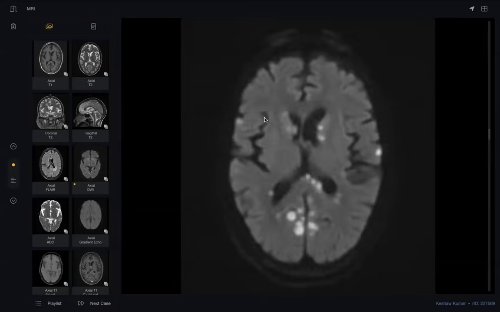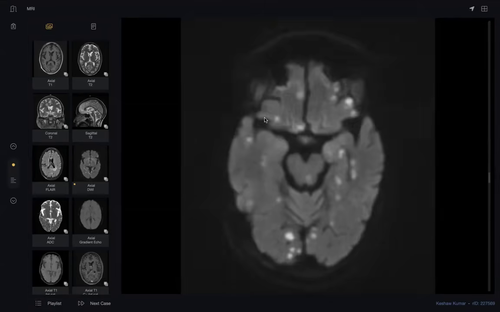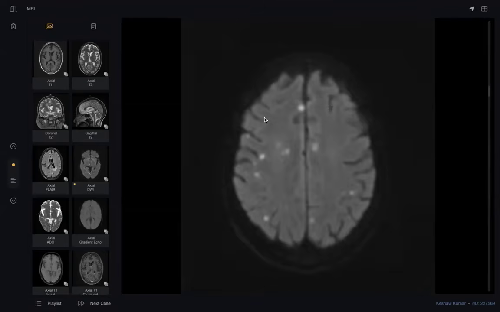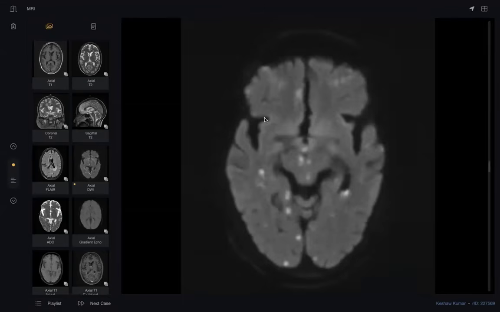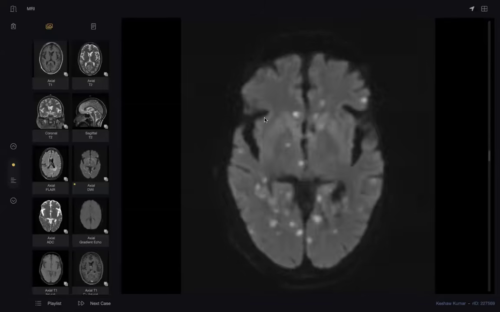This is widespread, random. Okay, you can consider abscesses. It could be random abscesses, random infection. Yes, random infection.